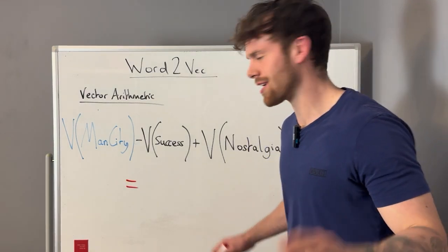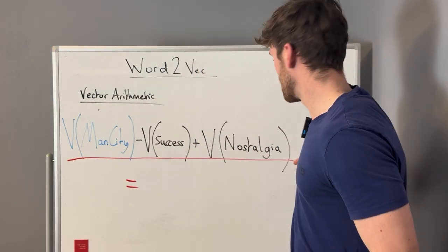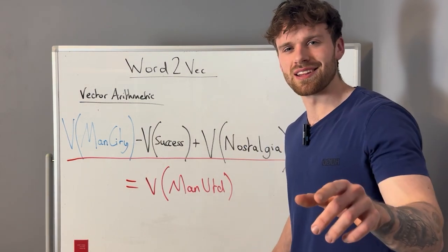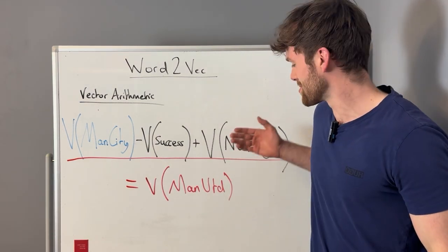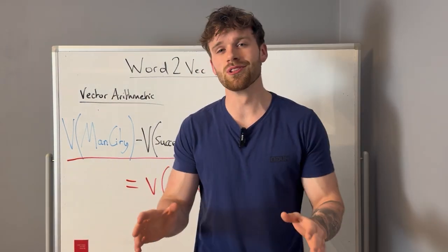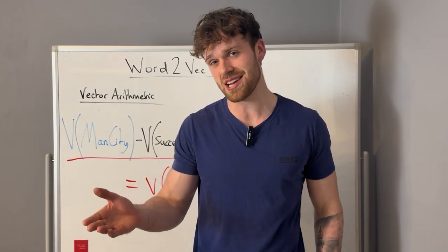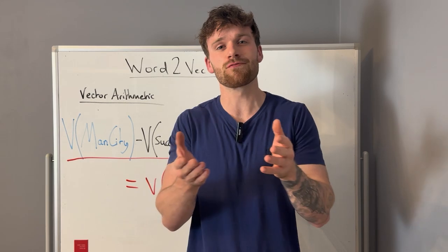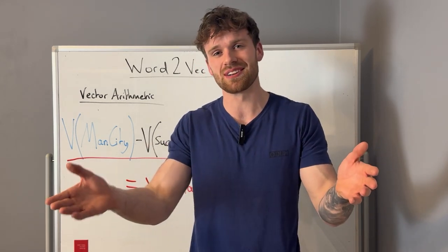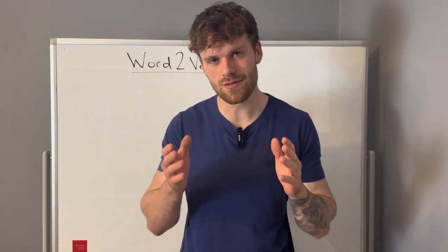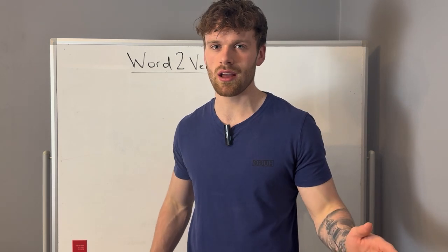Now, what do you think this calculation would equal? You guessed it, the resulting vector points closely to Manchester United. The model learns that the difference between the modern-day dominant City and the current United is ultimately a difference between success and nostalgia.